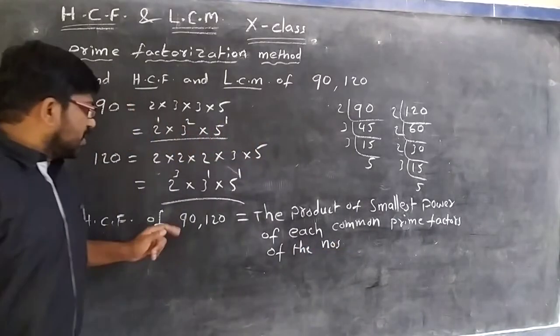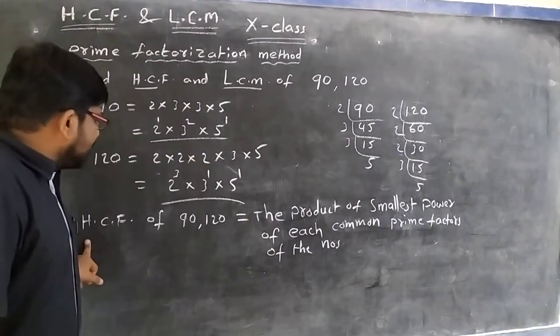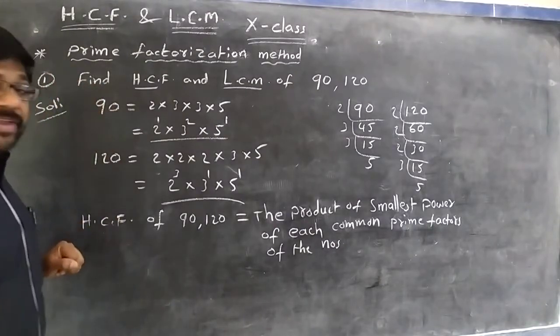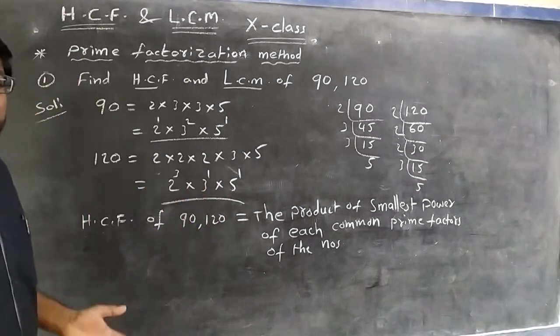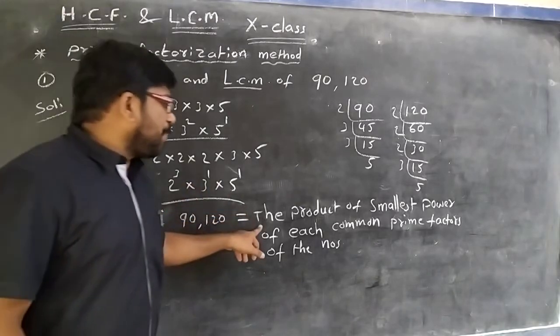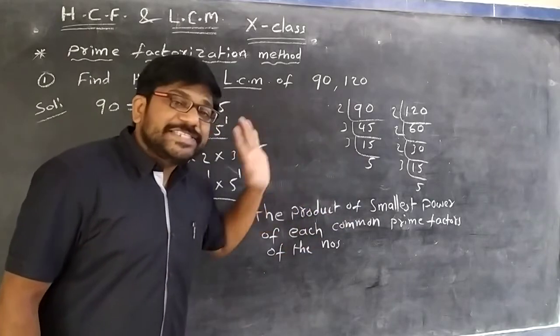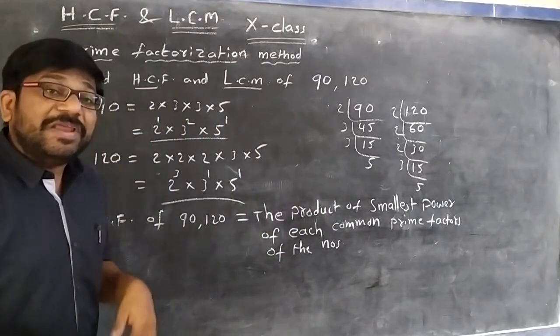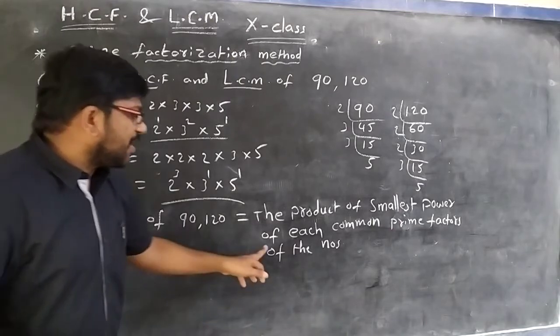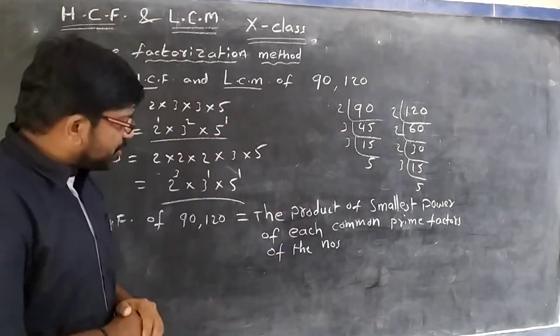So this is the formula. Observe carefully: HCF of any two numbers is the product of the smallest power of each common prime factor of the numbers.